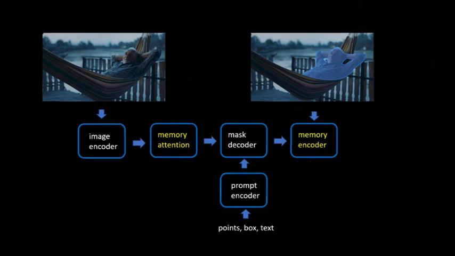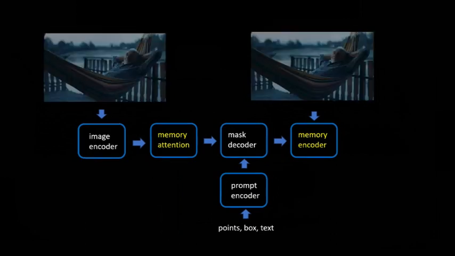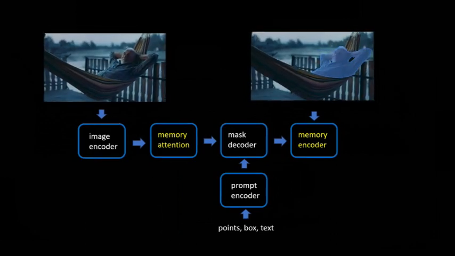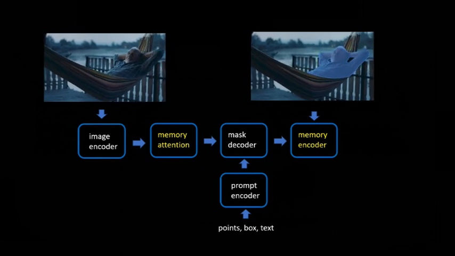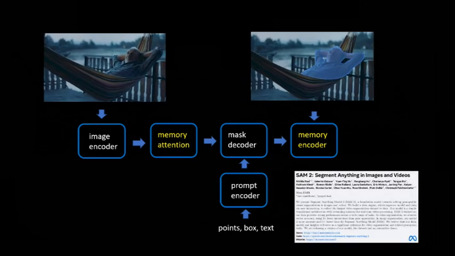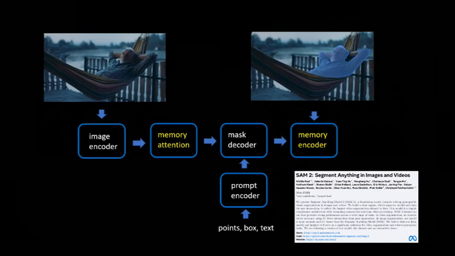The memory attention operation takes the per frame embedding from the image encoder and conditions it on the memory bank to produce an embedding that is then passed to the mask decoder. You can find a link to the paper in the same homepage that we mentioned before.